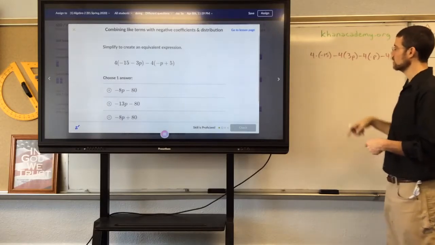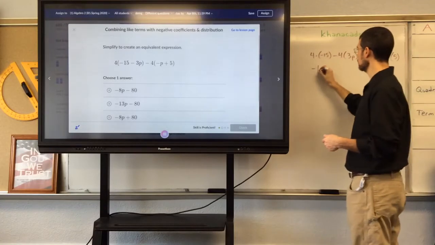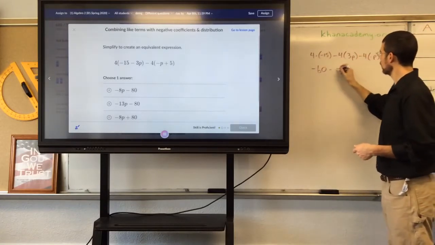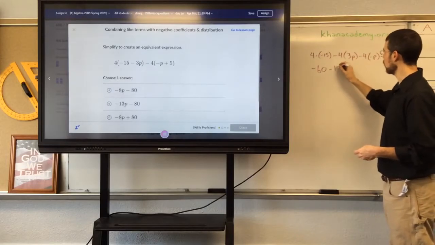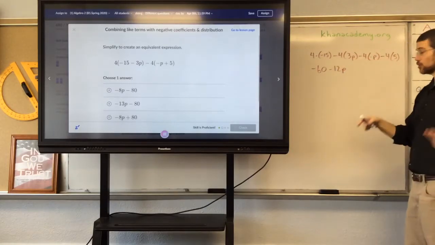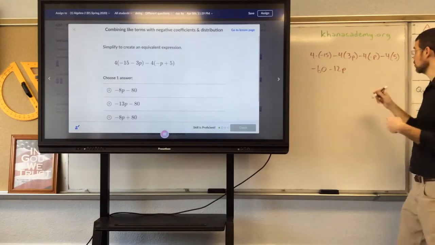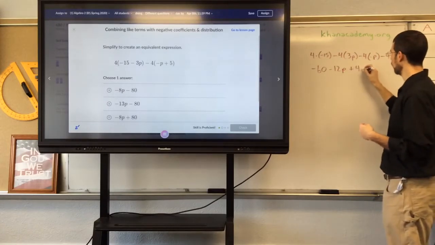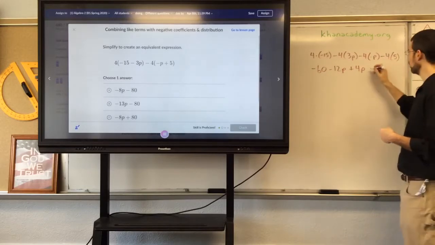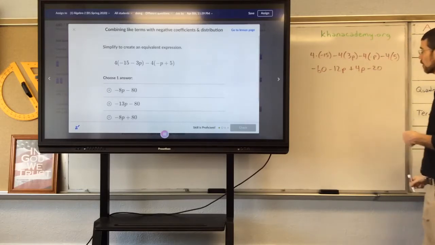Alright, so 4 times negative 15 is negative 60. Minus 4 times 3p is 12p. Minus 4 times a negative, so subtracting a negative is addition, so we're going to add 4p. Then we have subtracting 4 times 5 is subtracting 20.